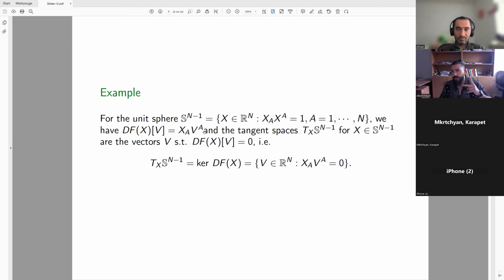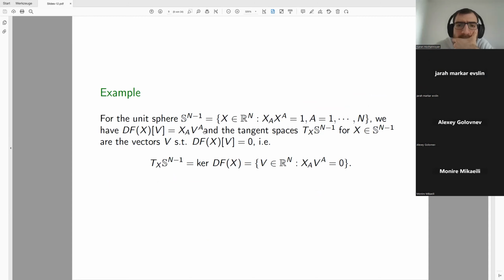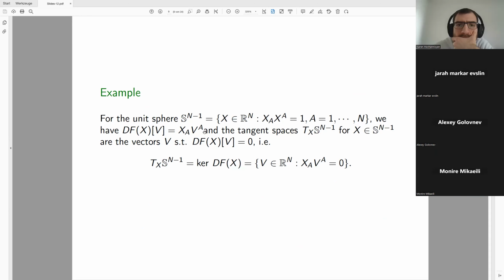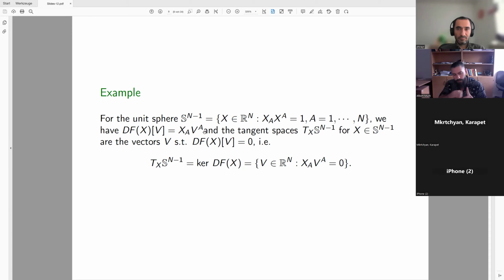So they are all vectors that are orthogonal to x_a. This is also basically well known, that the tangent spaces of the sphere consist of all vectors that are orthogonal to the point x, or to the vector x in that sense. So x_a v^a is equal to 0. That gives you the kernel, and that's the tangent space.